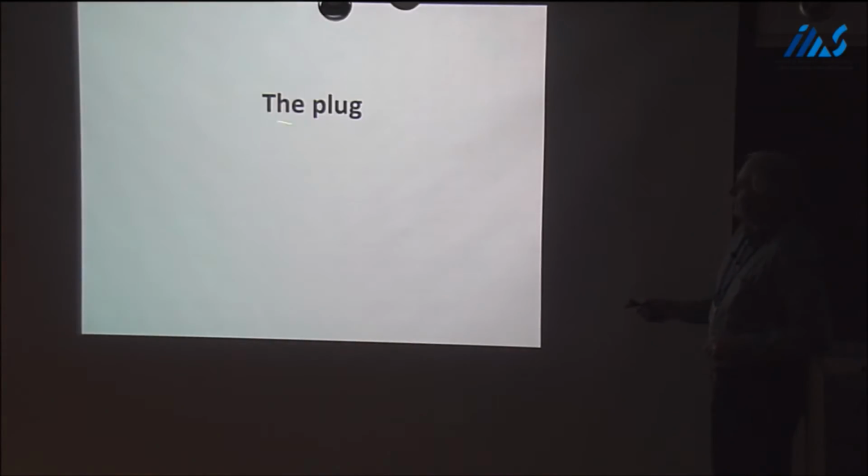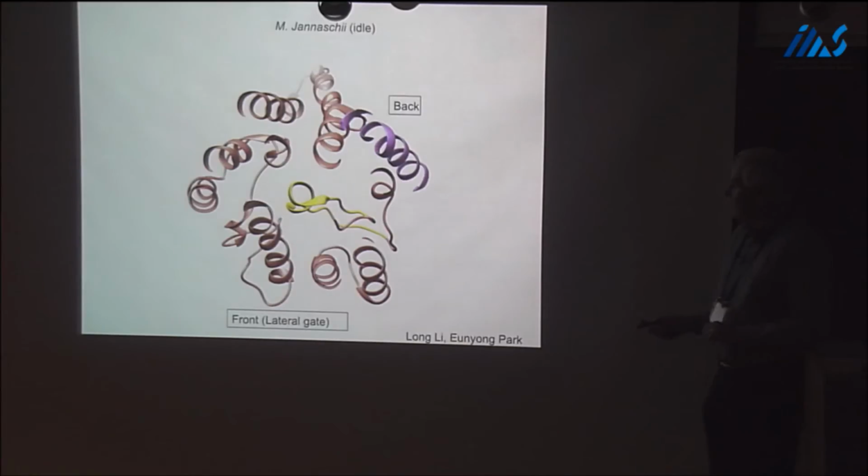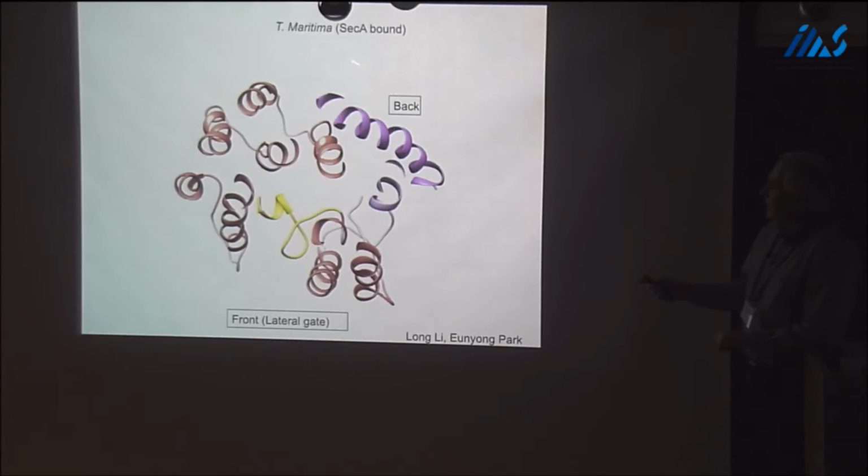So let me first tell you a little bit about the plug. So in the closed state of the channel, the plug is in the center of the molecule and basically blocks everything. So this is a closed state of the channel. Nothing goes through the central pore. In the SecA-bound state, the plug actually moves towards the front. The lateral gate opens up a little bit.